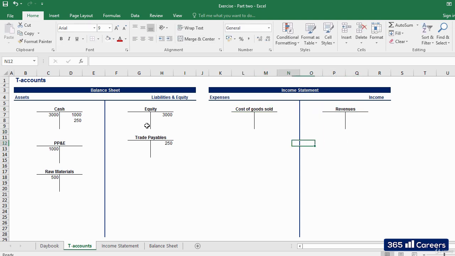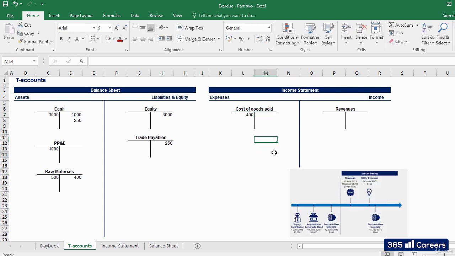Okay, let's type the 2 entries here as well. We are crediting raw materials in the balance sheet because raw materials are decreasing. And then we are debiting the cost of goods sold account. That's perfect.